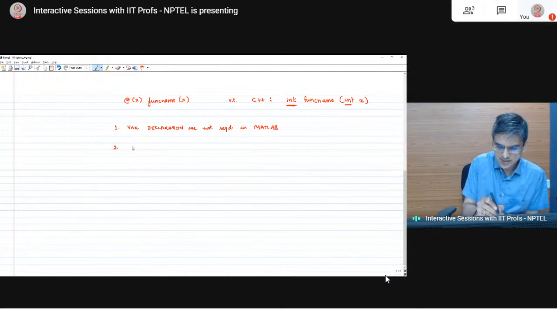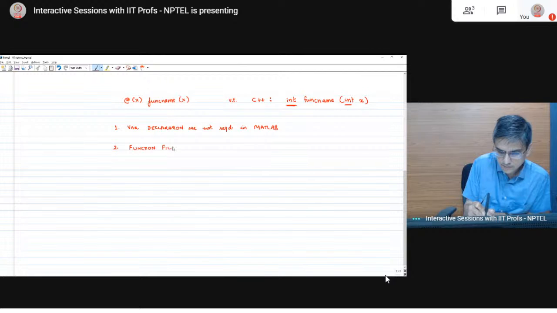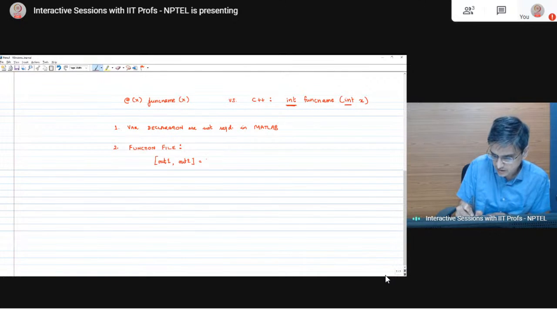The other thing is that what the function will output, and how many outputs a function will have, is determined by the function file. This will be the first line in a function file.